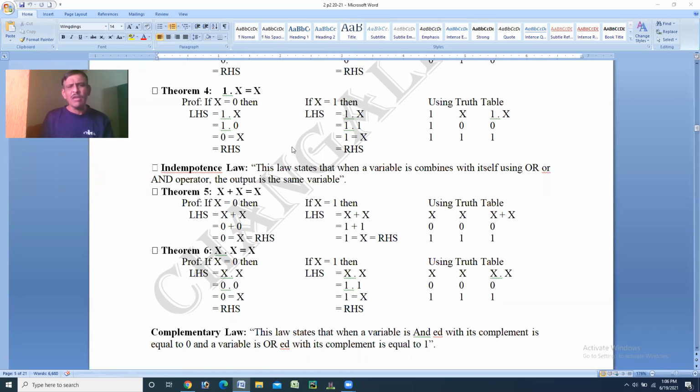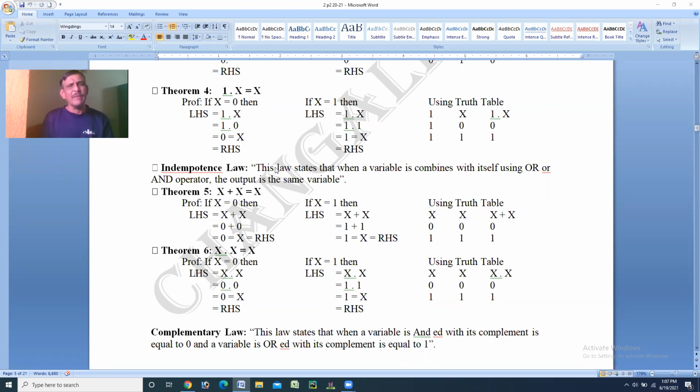It means we are taking the same variable, one normal variable and its complemented form, that is, the complement of the same variable.